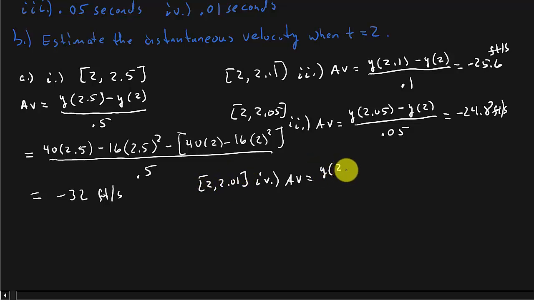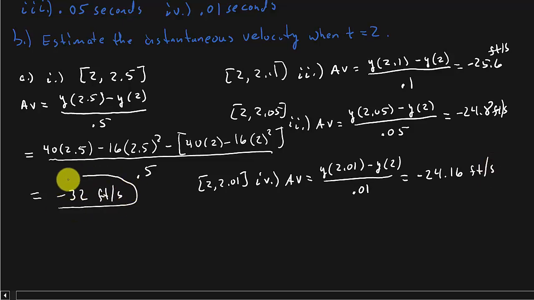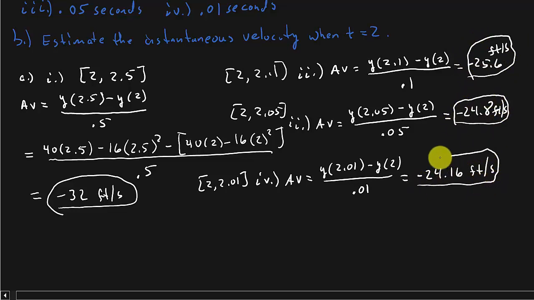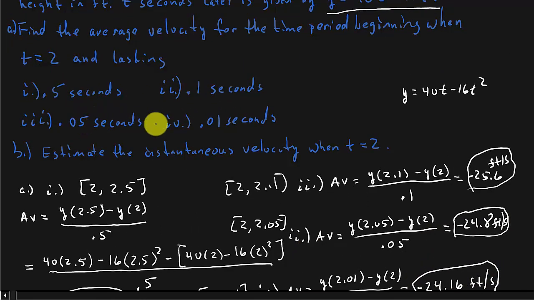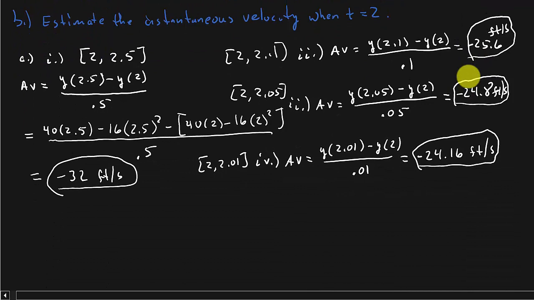So that is y of 2.01 minus y of 2 over 0.01, and that gives us negative 24.16, and that's feet per second. Okay, so these are the answers they wanted for part A. See, you had 4 parts to part A.